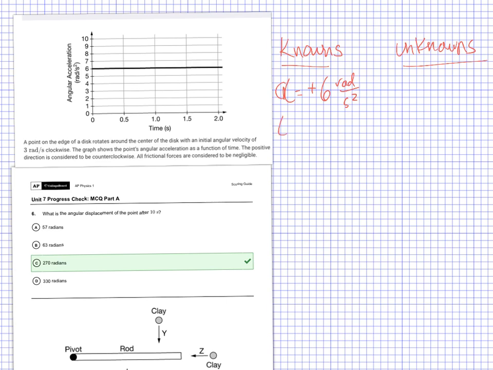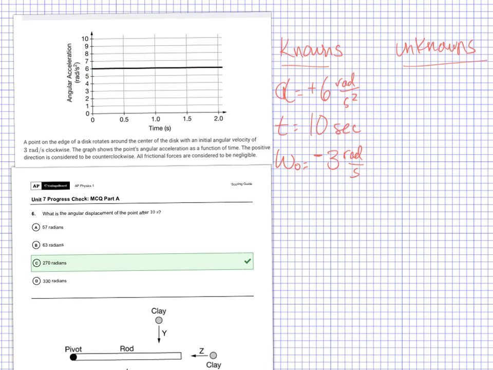I know that the time is going to be 10 seconds. And I know that the initial omega is a negative 3 radians per second. And again, the reason I'm putting that as negative is because they say in the problem that it is clockwise, and clockwise is negative, whereas our graph of acceleration shows a positive 6 radians per second squared.